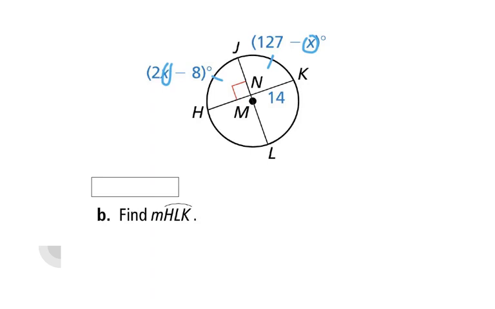So the major arc HLK, if these arcs are 82, we have to be careful, remember, to answer the question that we're asked. So if you said 196, you are absolutely right. The measure is 196 degrees.